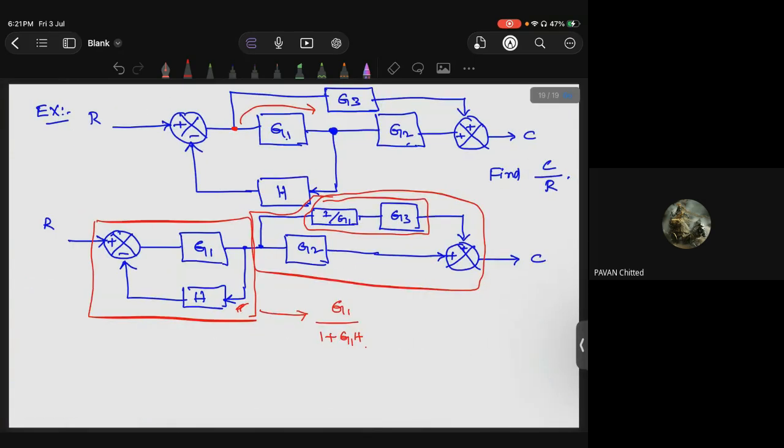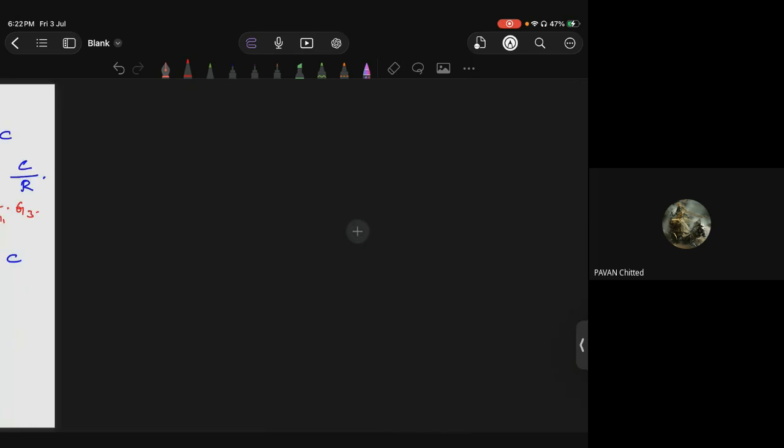Okay, so what about these two connected in cascade? So that will be like 1 by G1 multiplied by G3. Am I correct? Yes. The last one I'll rewrite later. So first I'll put it like this.